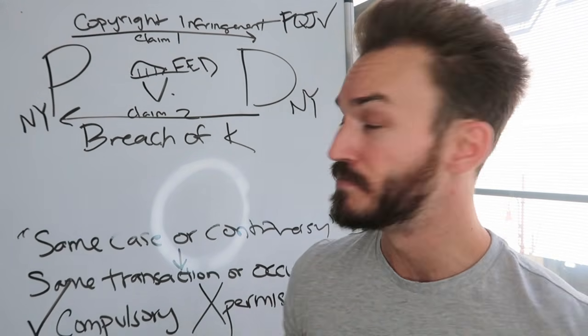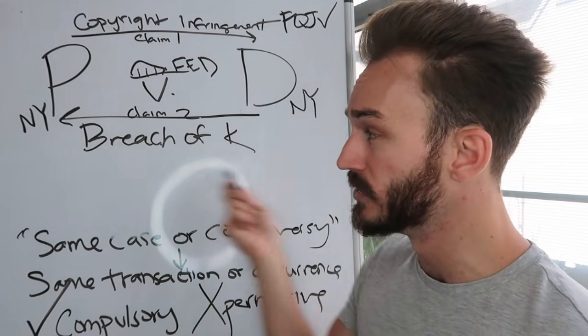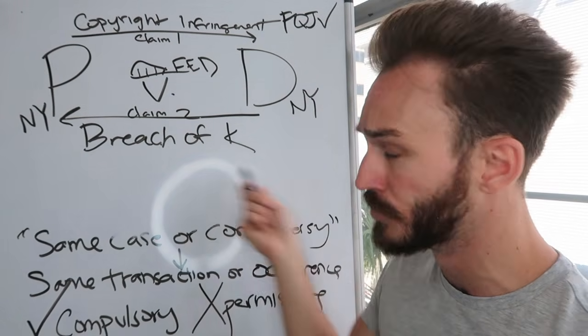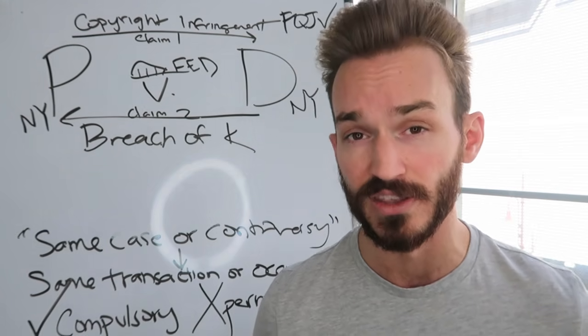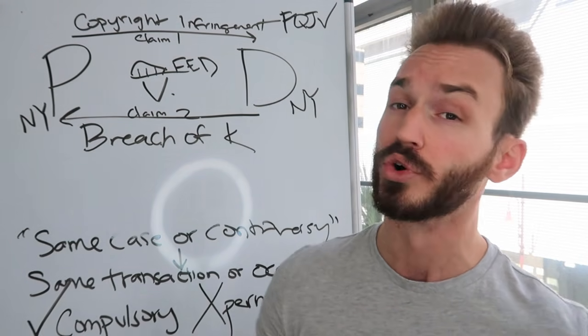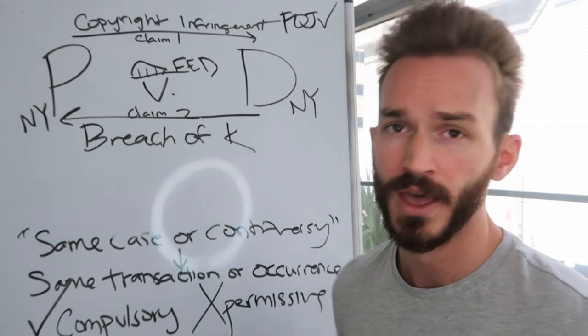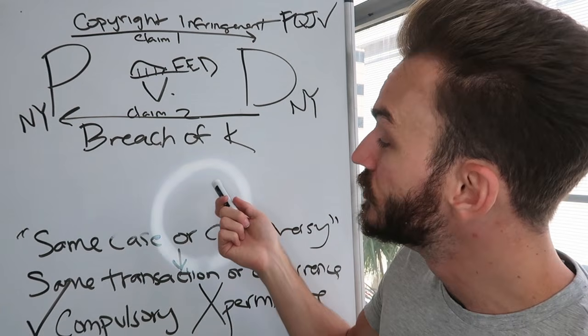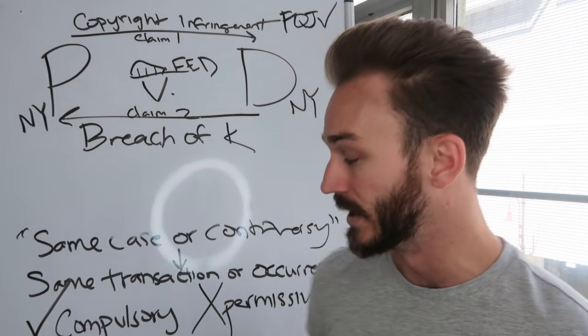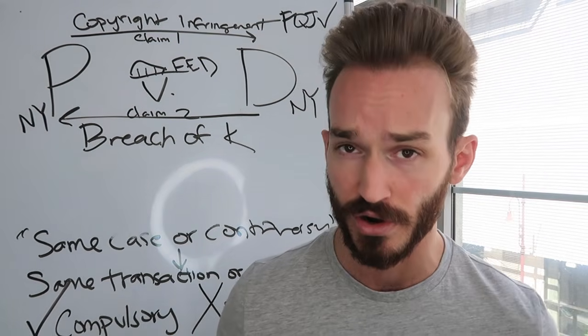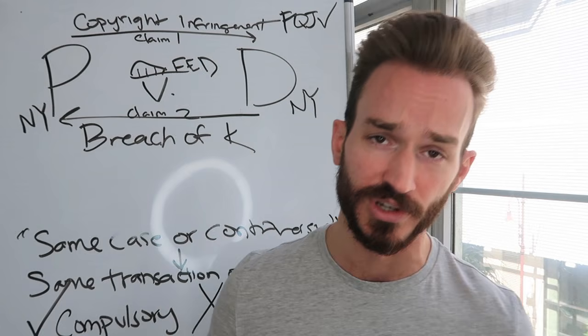Because if this counterclaim independently satisfies federal question or diversity, then it can be heard permissively. But if it arises under the same transaction or occurrence, then it's compulsory. It has to be heard because we have supplemental jurisdiction.